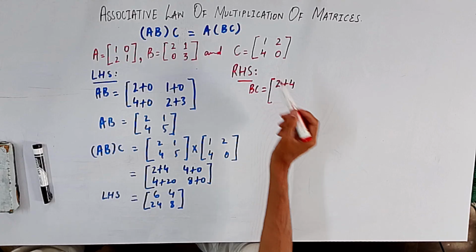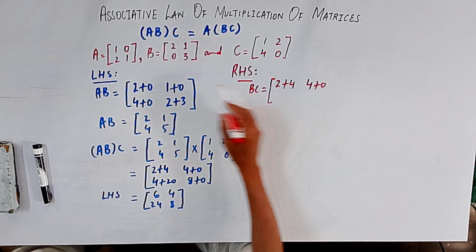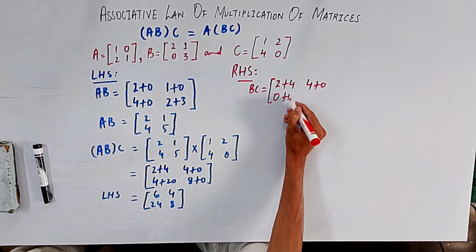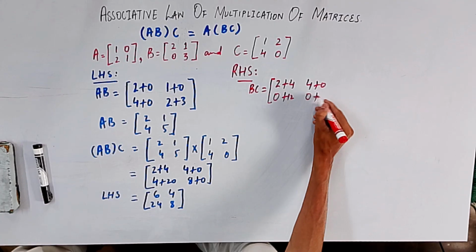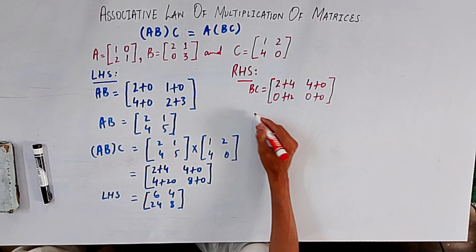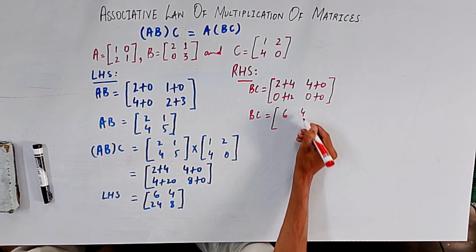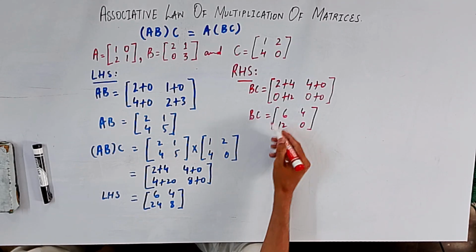Again the same row will multiply with the second column. So 2 2s are 4, 1 0s are 0, 0 1s are 0, 3 4s are 12. Now 0 2s are 0, 3 zeros are 0. So your BC will be 6 4 12 0.